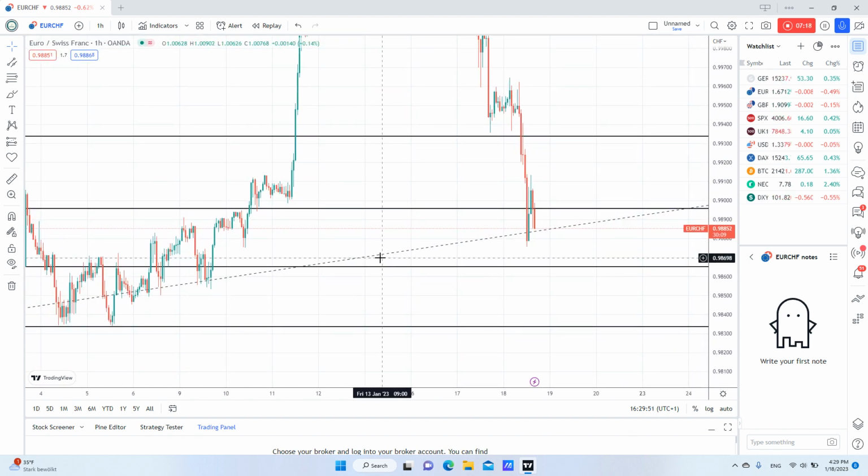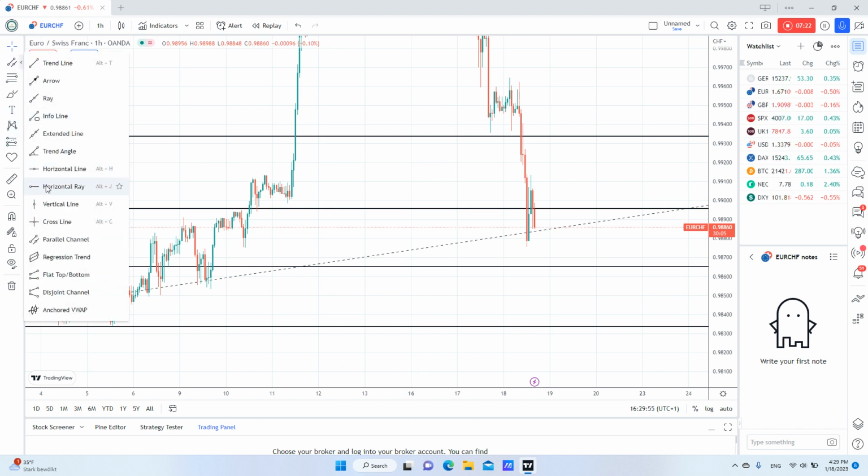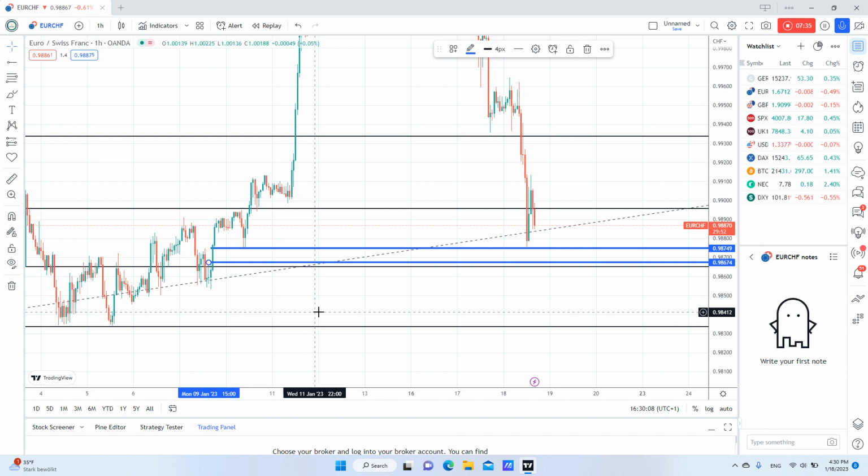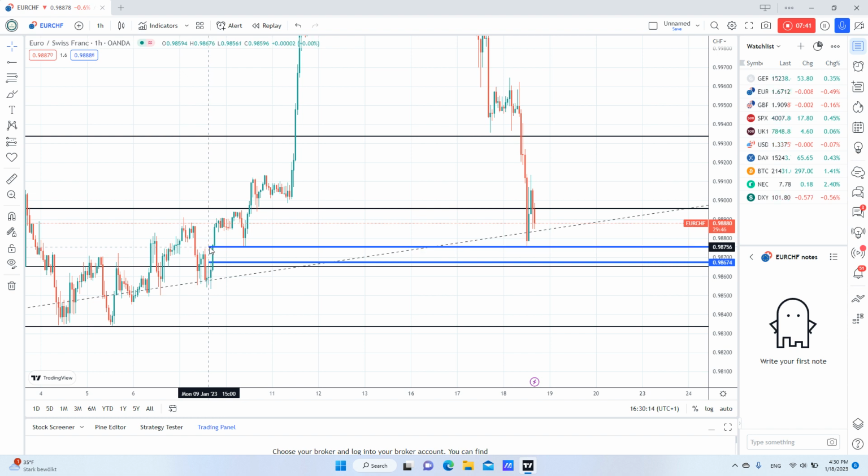If we look here, we have this imbalance. I will mark it with an arrow here. It was filled. Here we have an imbalance, another one here. This price is a void. You can see it. We didn't touch it, so we don't have volume here.